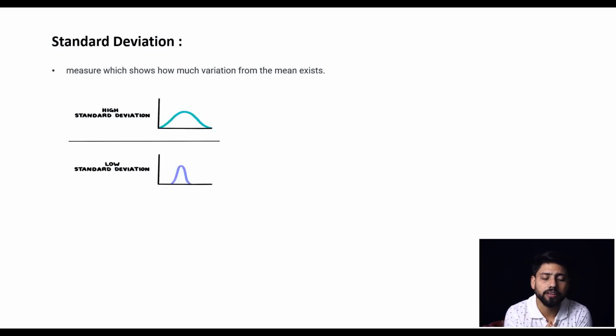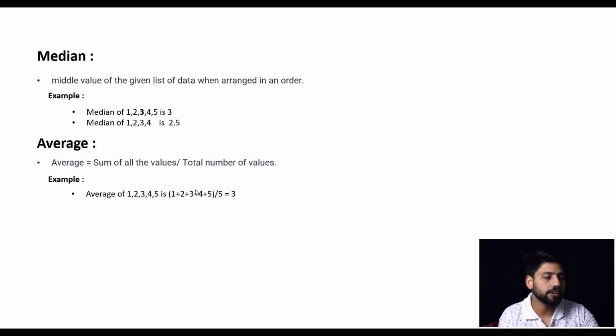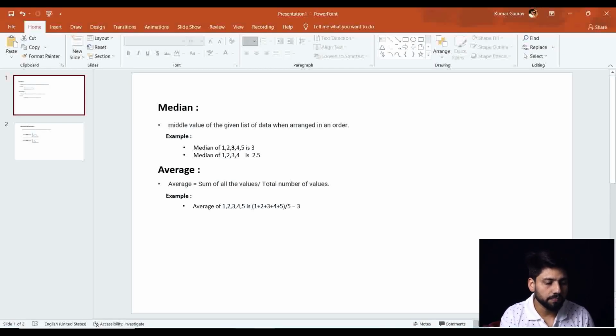That means the data is scattered very much and is not concentrated around the average of its values. So this graph shows high standard deviation, and this one has a low standard deviation. I will show you by demonstrating quickly, because the video is going very long, in a practical scenario.